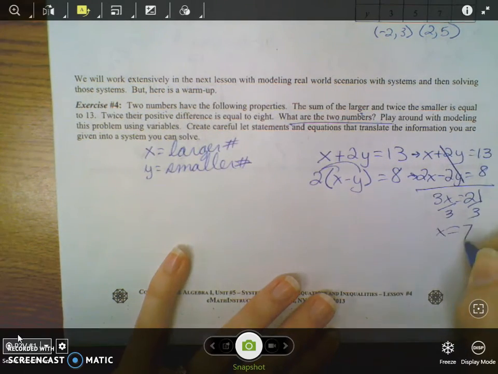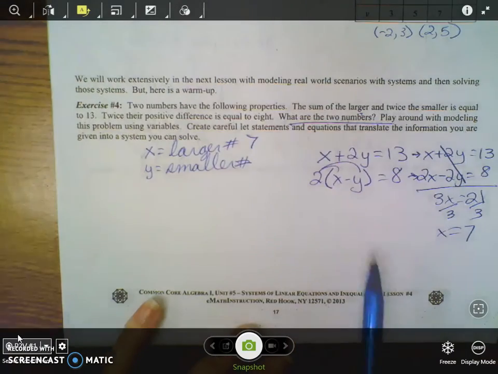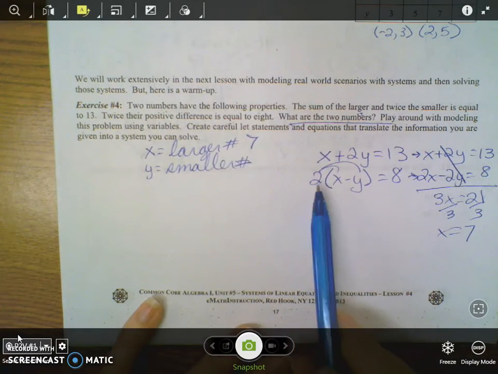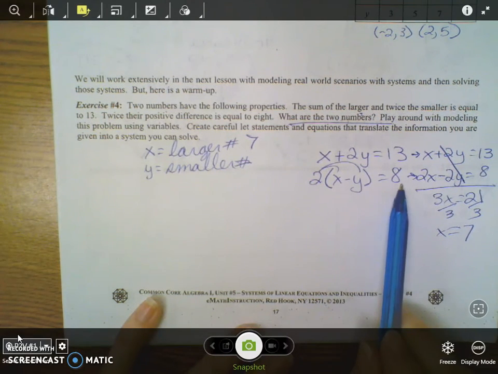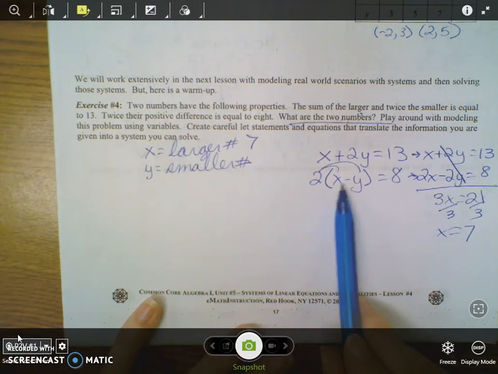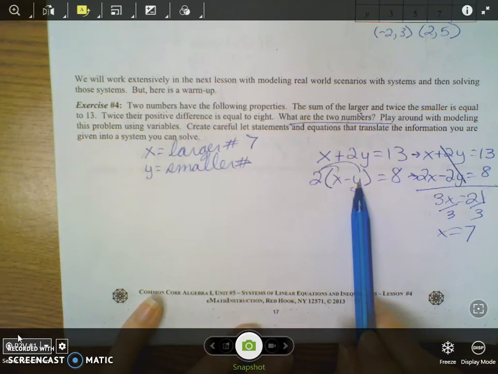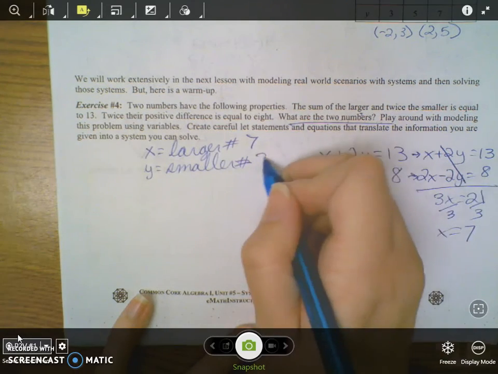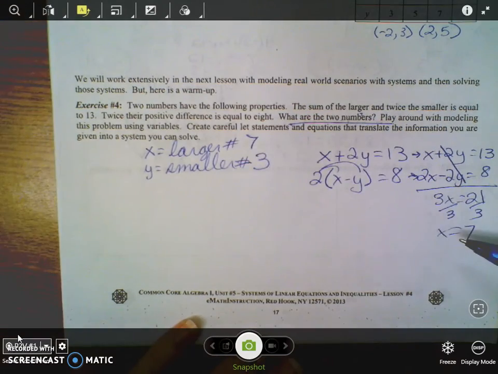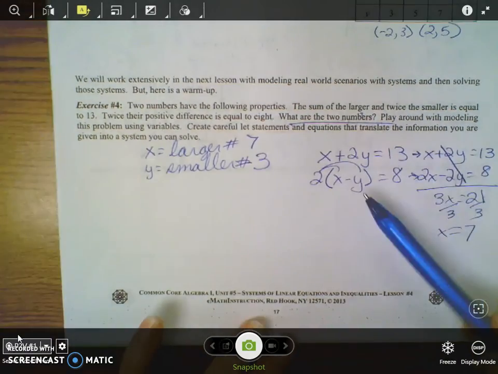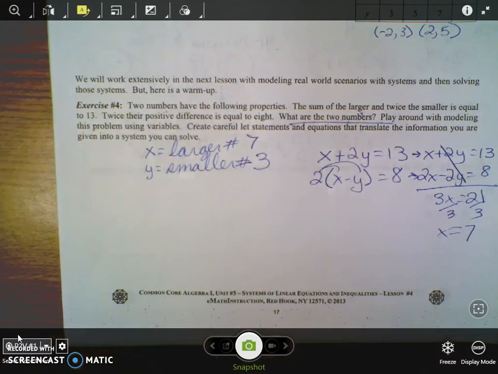So my larger number is going to be 7, and if I know that 2 times whatever here is going to give me 8, so that means that 7 minus something is going to give me 4, so that something has to be 3. And you could substitute it into either one of those to find your 3. That's just the way I chose to think about it.